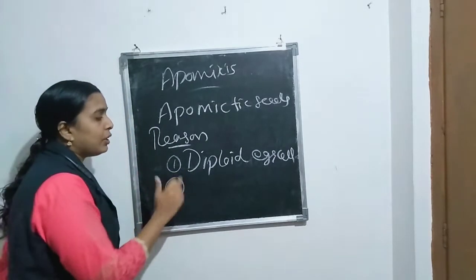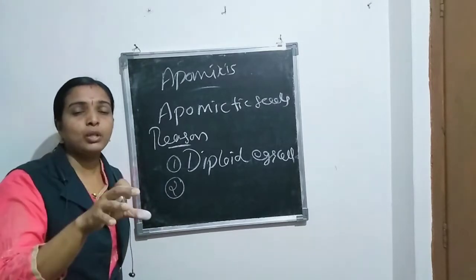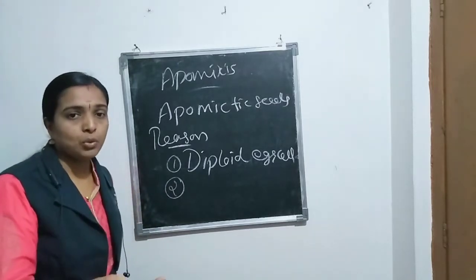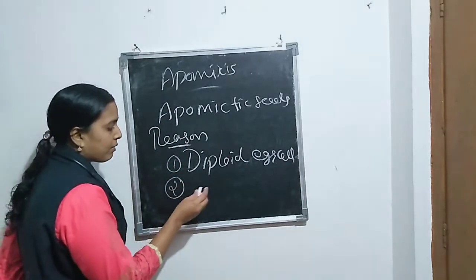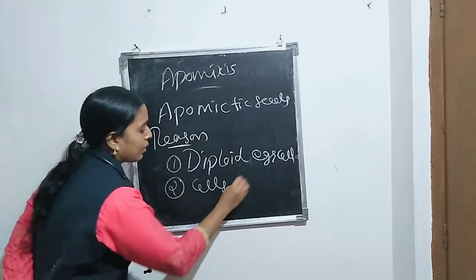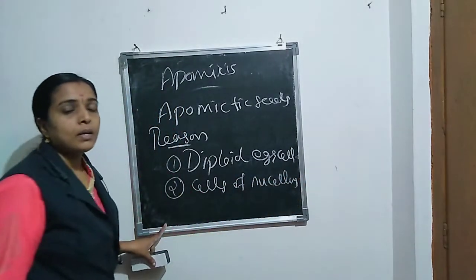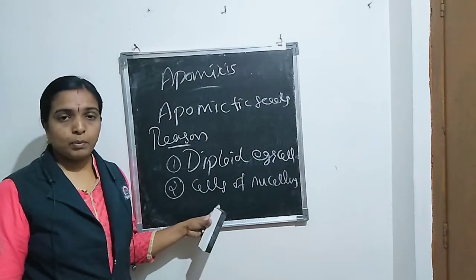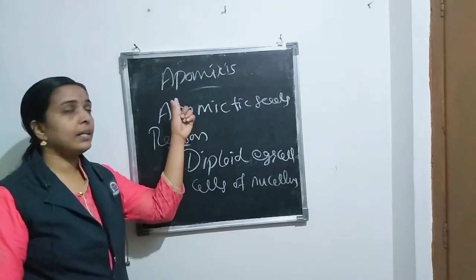Some of the surrounding cells of the nucellus protrude into the embryo sac and develop into seed. That is another reason. So you can write like this: cells of the nucellus also become embryo or seed.